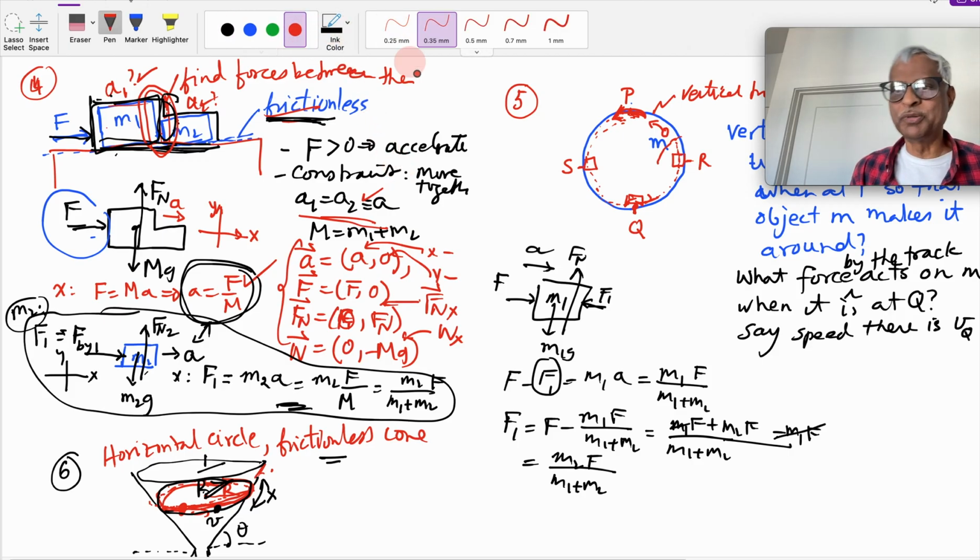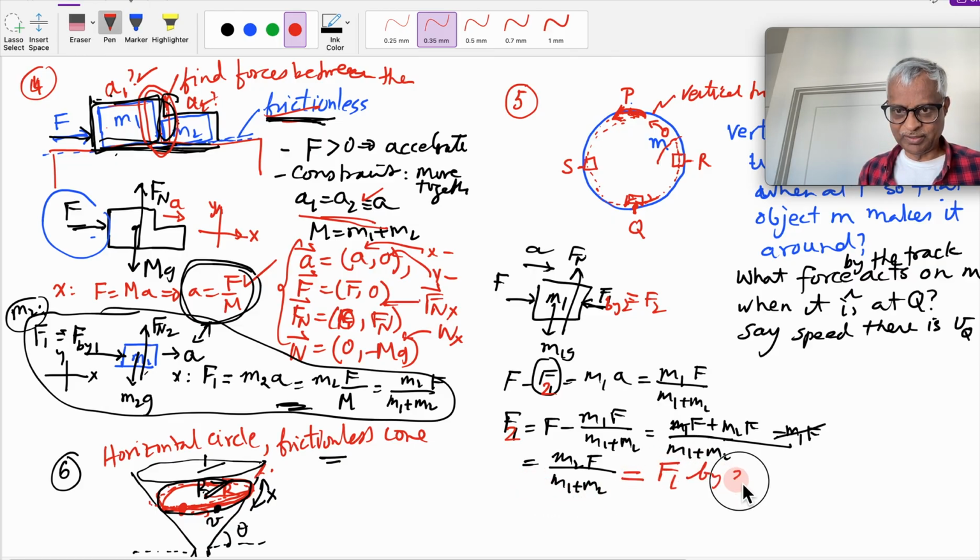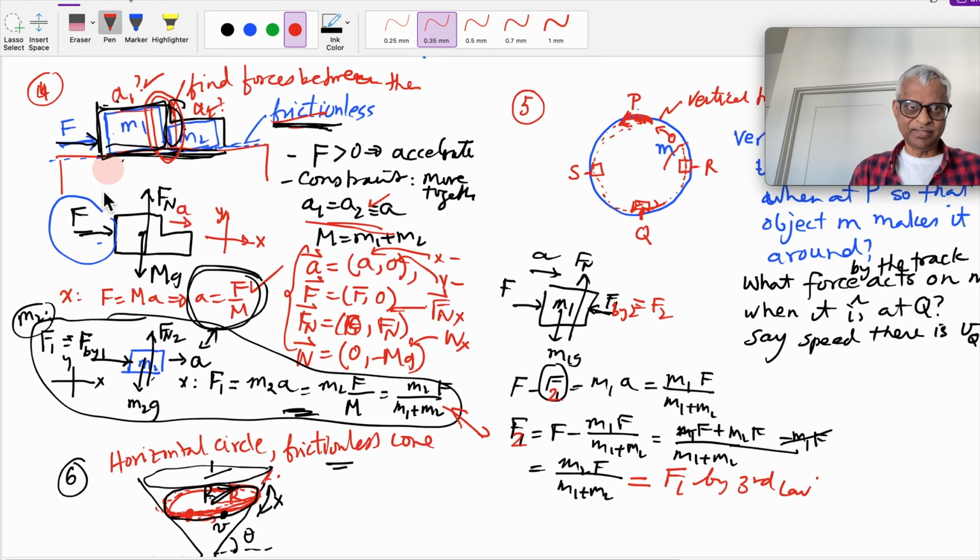And if you want to be more dramatic, you could say, let's see, force by 2, and let's call this F2. Of course, that should be equal to F1 by the third law, right? And they're consistent with each other. All right, so that's that problem done.